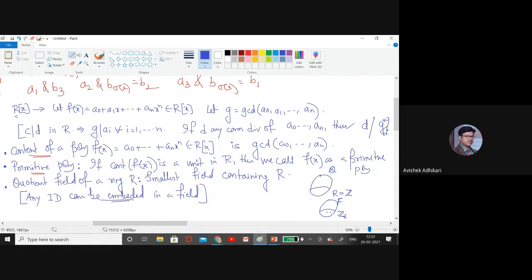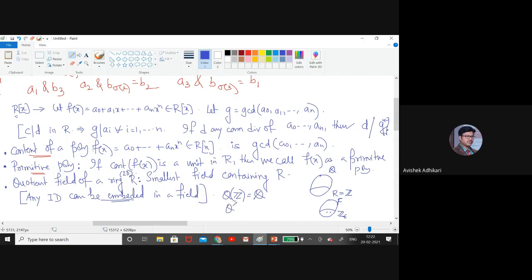I started with R to be an integral domain, not only a ring. The smallest field containing R is called the quotient field of R, usually denoted by Q(R). Q(Z) is nothing but the rational field.